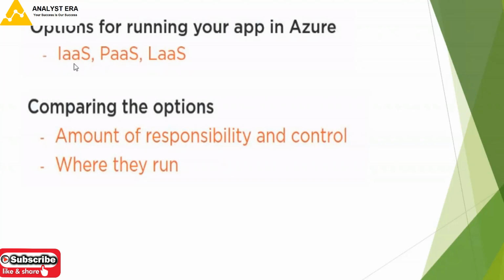If I start with IaaS, more responsibility. If I use a PaaS environment, somewhat less responsibility. LaaS or SaaS, completely no responsibility. All of it is taken care of by your vendor, by your Microsoft cloud vendor. So those are the options I have when working with any deployment strategy.